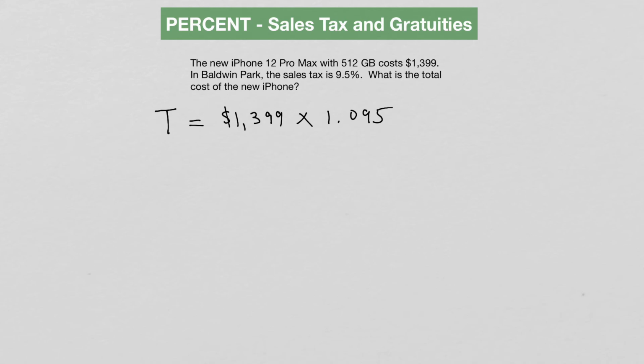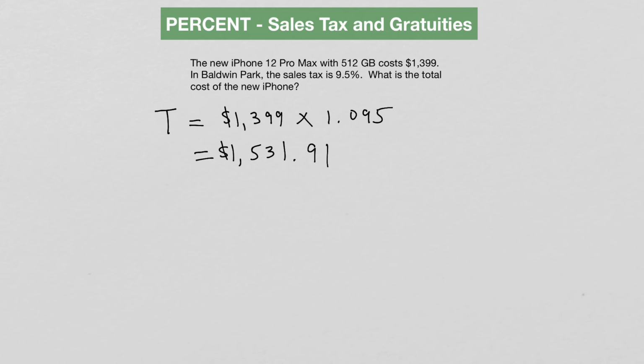So that 1.095 represents 109.5% of the price of the iPhone. And that will give us the total of $1,531.91. So as you can see, the amount is the same, and this is a one-step process.